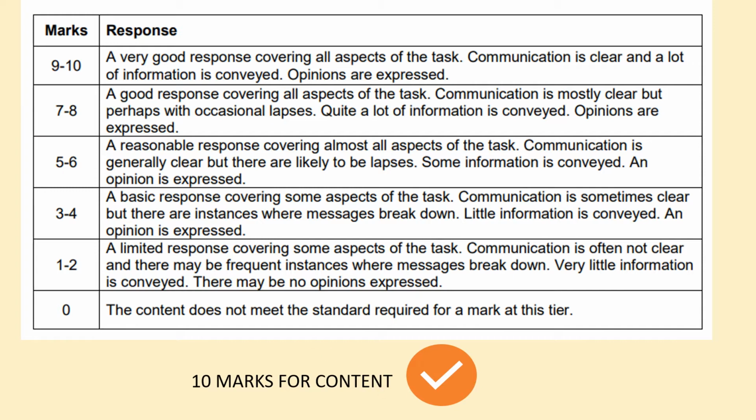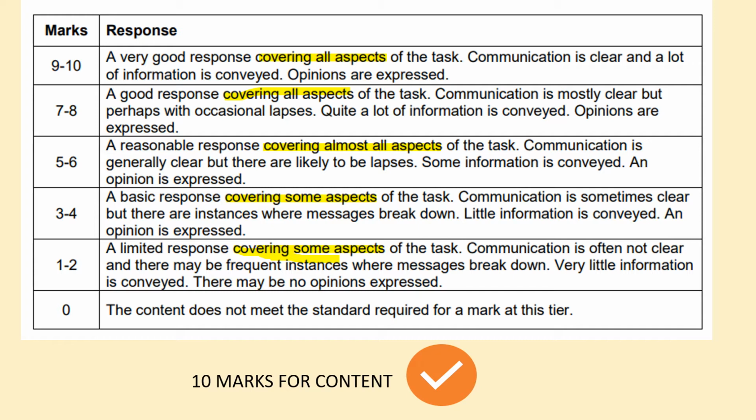So what it's looking for in the mark scheme is that it says, here we're covering all aspects, covering almost all aspects, so 3 points, covering some aspects, 2 points, covering some aspects, 1 point. So the key thing that you need to do is cover all aspects of the task.